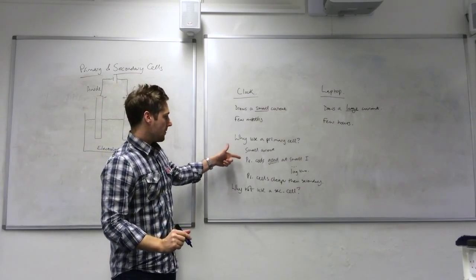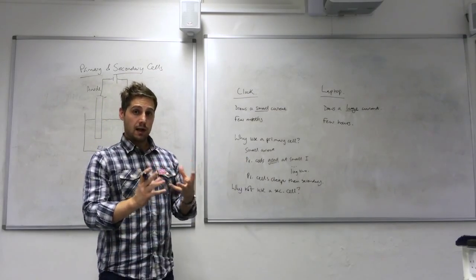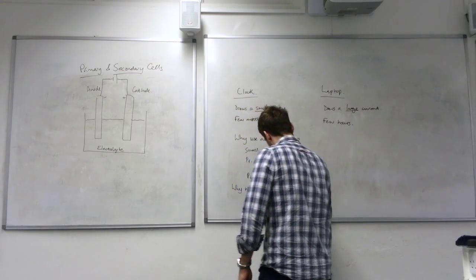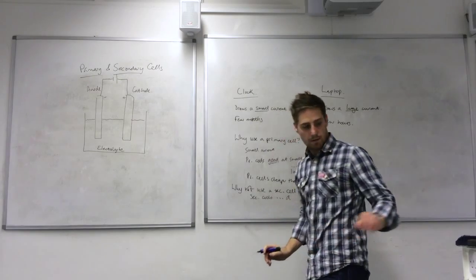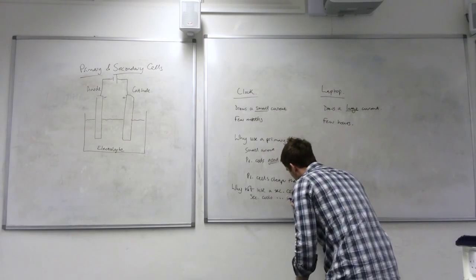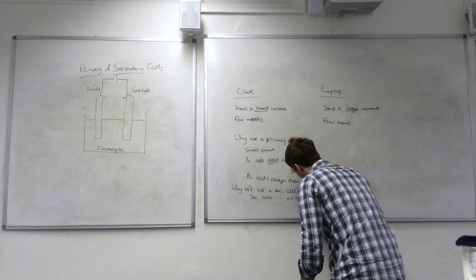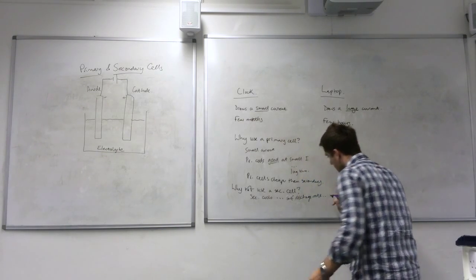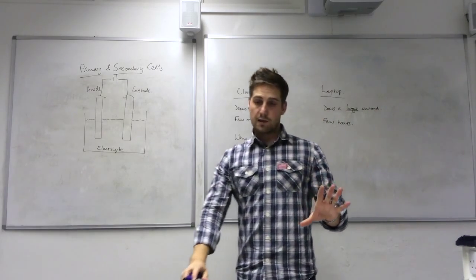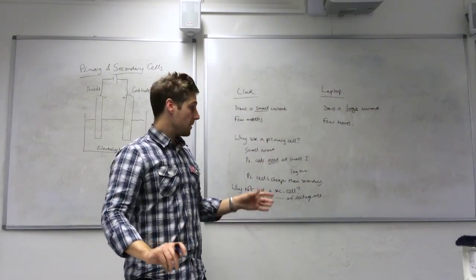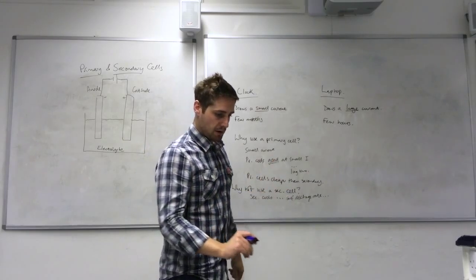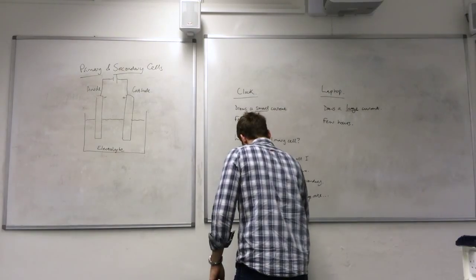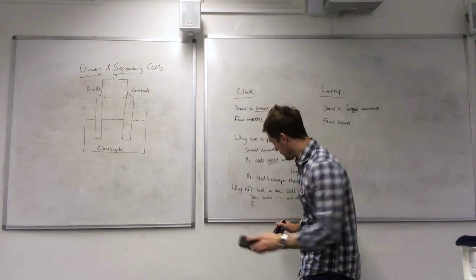Well, related to this point, secondary cells have a slightly higher self-discharge rate, so they won't last quite as long, but it's not majorly significant. They're more expensive, which is the opposite of that one. More expensive.